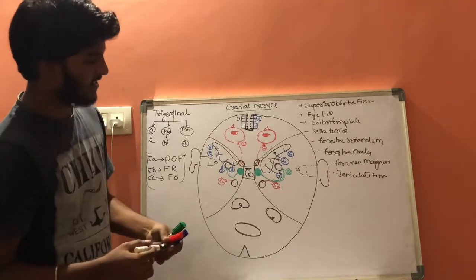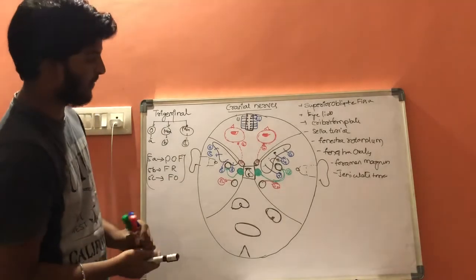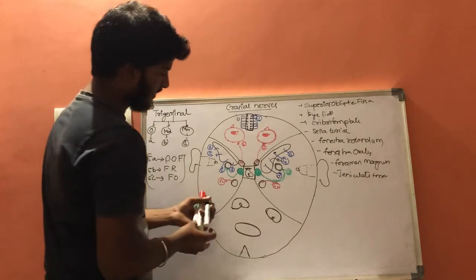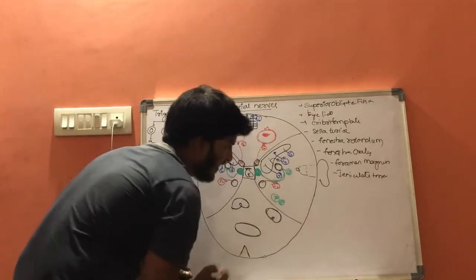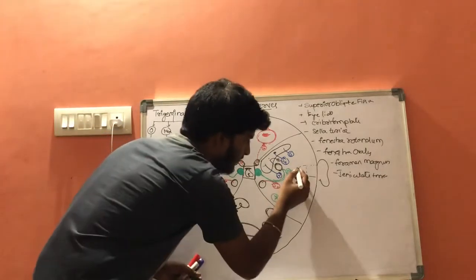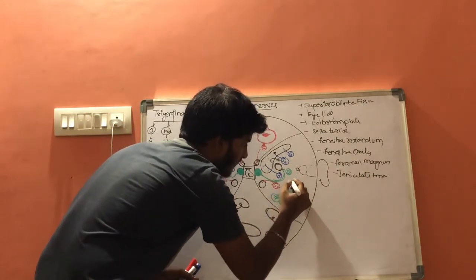Now where do the 7th and 8th nerves end, or from where do they come? The 7th and 8th pairs of cranial nerves will be entering into the auditory canals.